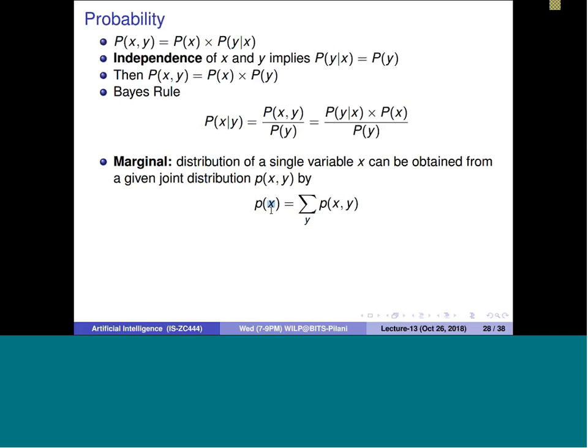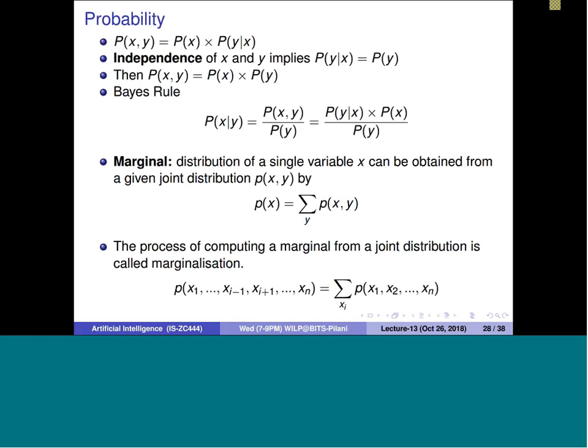Meaning, if you want to remove y, you sum up across all the values of y and then you are done. This is called marginalization, which says that if you want to find the probability of this item where 1 to i minus 1, then i plus 1 to n, meaning you have n variables, but here n minus 1 are there because i is missing.